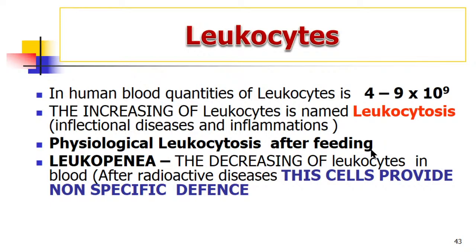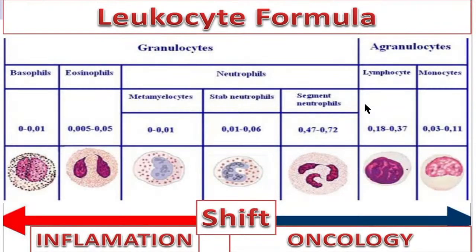Leukopenia, the decrease of leukocytes, is a functional condition, a decrease of leukocytes in blood. Ordinary leukopenia takes place after radioactive diseases. The leukocytes provide non-specific defense, except lymphocytes.